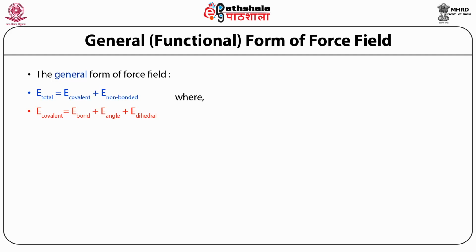One comes from E bond, all the bonds possibly available in the system, all the E angle contributions and dihedral contributions. Whereas E non-bonded covers the non-bonded criteria supporting energies, which are electrostatics plus all the van der Waals interactions.